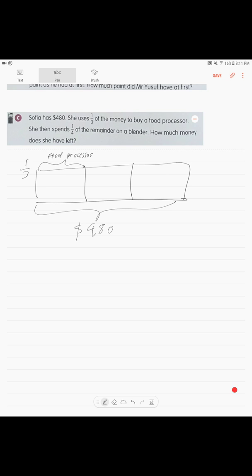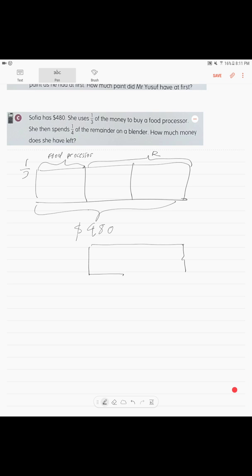This is the remainder. I'm gonna put R. You can write remainder if you understand, right? So we can draw our remainder again of the same size. Oh, sorry, why is everything so ugly? Okay, this is our remainder.